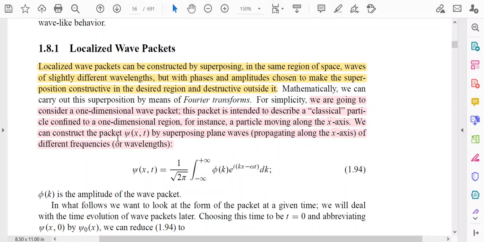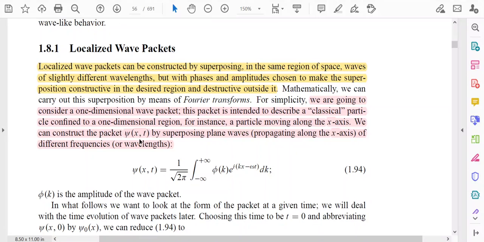We are assigning the packet as psi(x,t) because the packet is ultimately a wave function. We are describing the wave function in terms of the wave packet, but we are using the notation of the wave function psi(x,t). So our aim is to describe the wave function in terms of the wave packet.